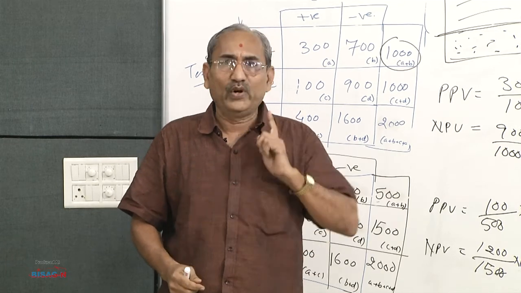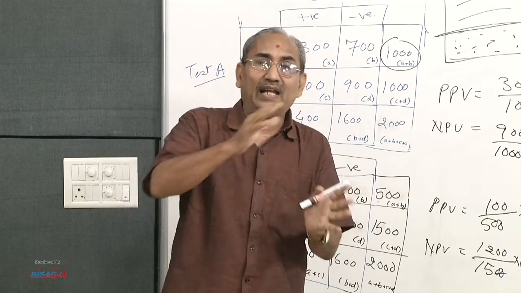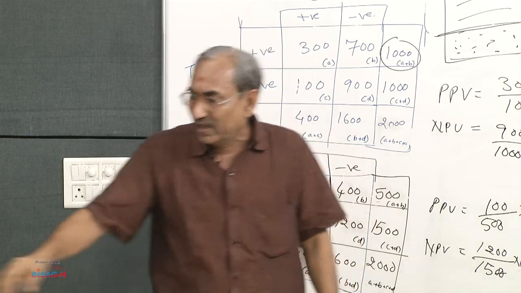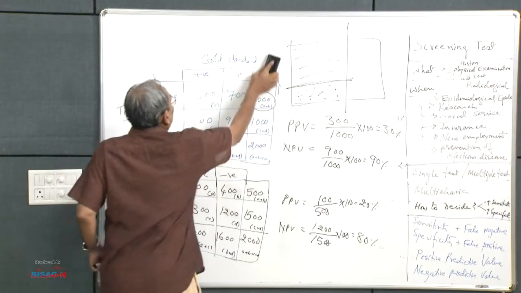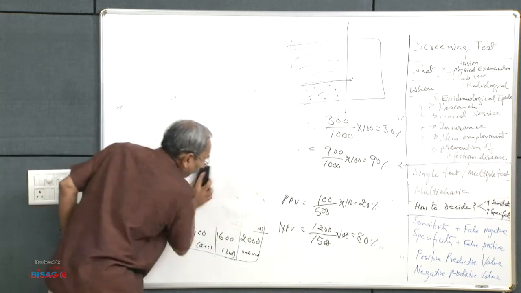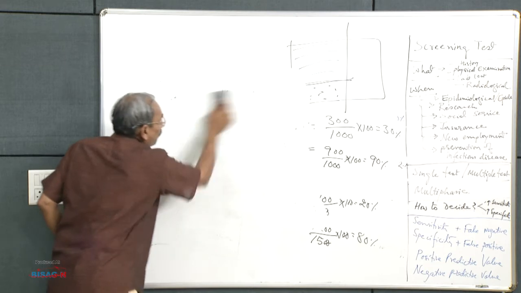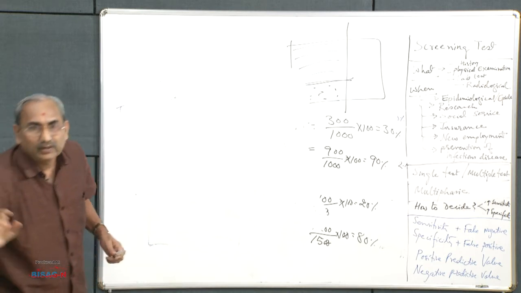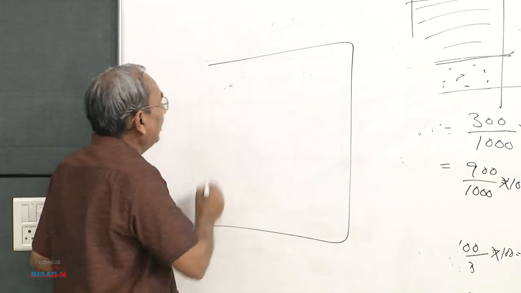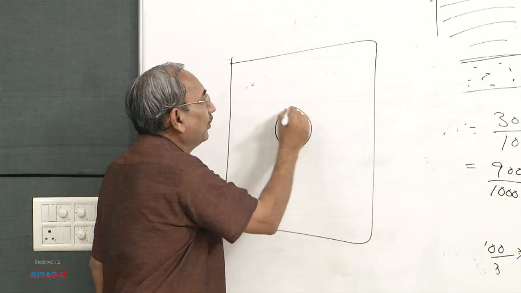Now, only one point: if you have only one test and you want to use the same test for both high sensitivity and high specificity, I will give one example whereby you will understand. Let us say I have an anemia detection chart, and there is a mirror over here.